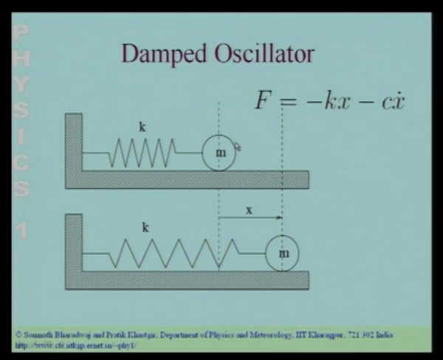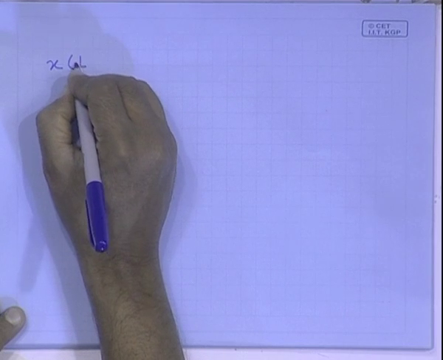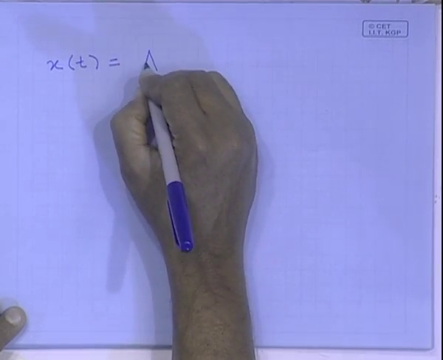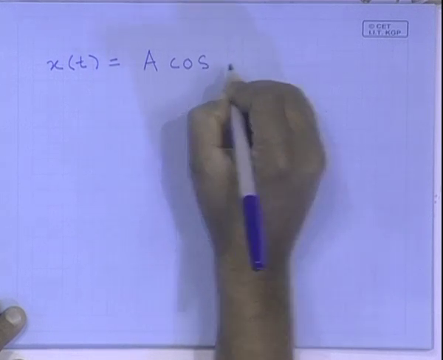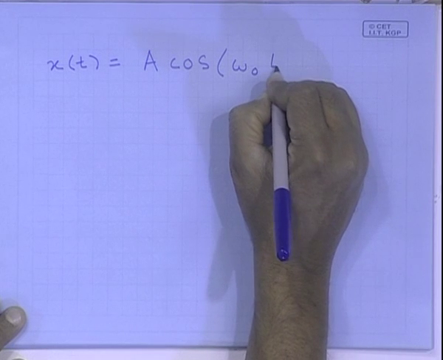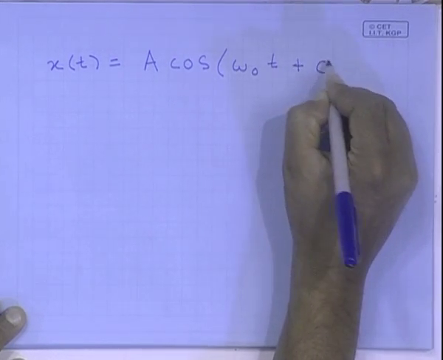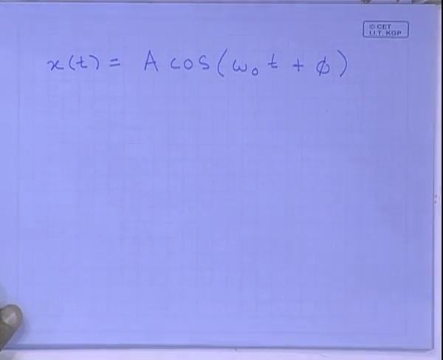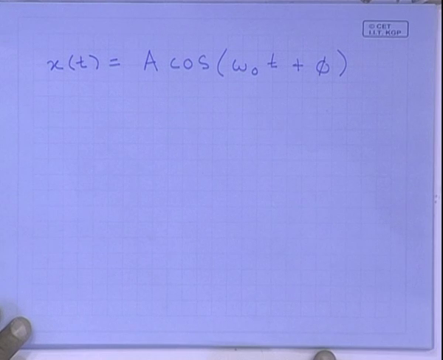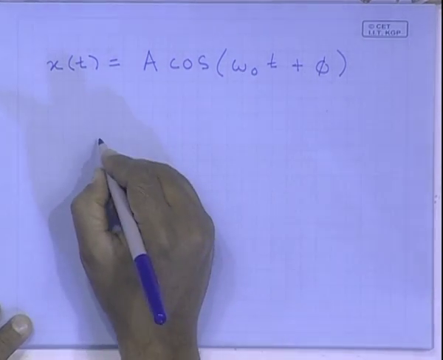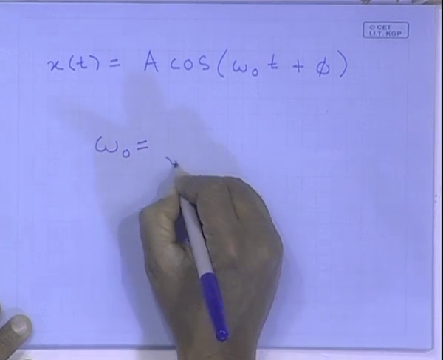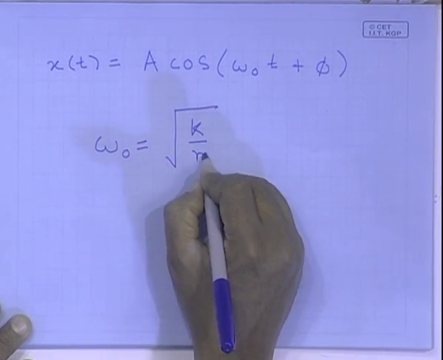We had worked out the solution to the motion of the particle if it is displaced from equilibrium, and the solution, as we had seen in the last class, is x of t is equal to amplitude A cos omega naught t plus a phase phi, where omega naught is the angular frequency which is related to the spring constant and the mass, as omega naught is square root of k by m.